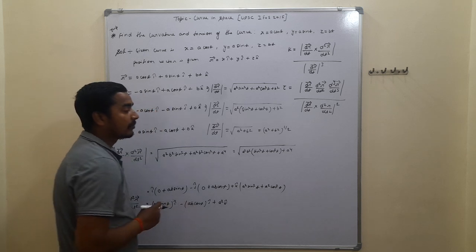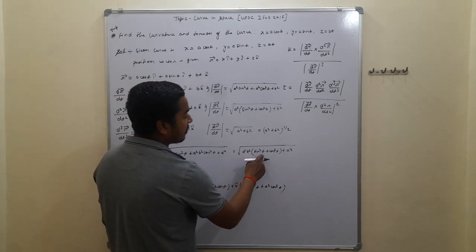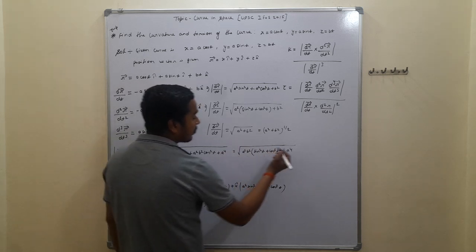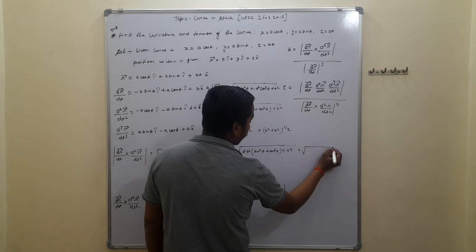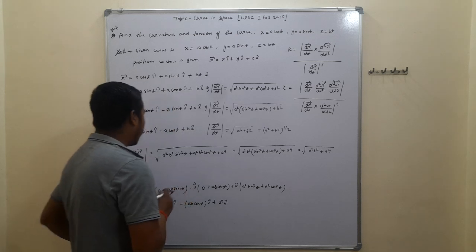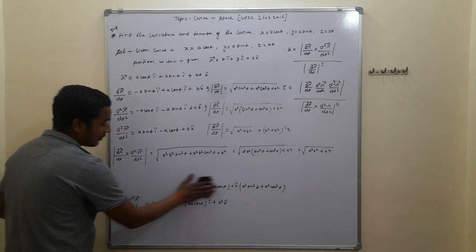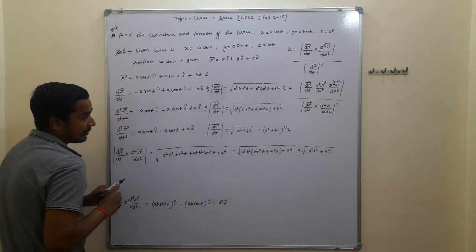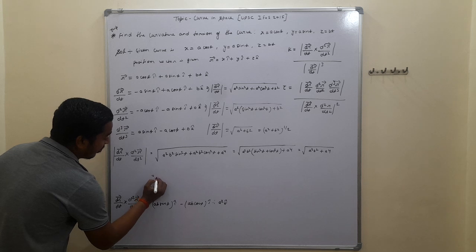And we know from trigonometry that sin square t plus cos square t is 1, so we have to write here under root of a square into b square plus a to the power of 4, and from here we can take a common from under root.